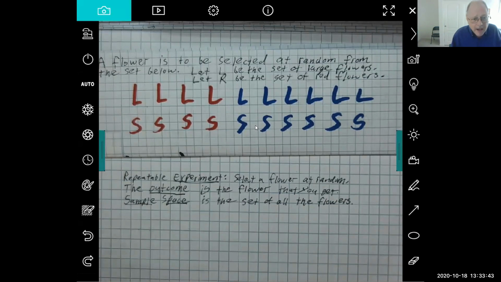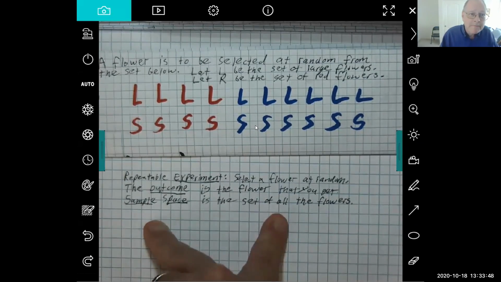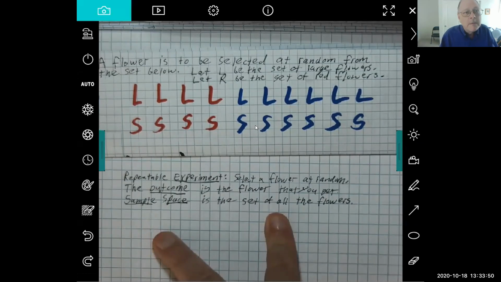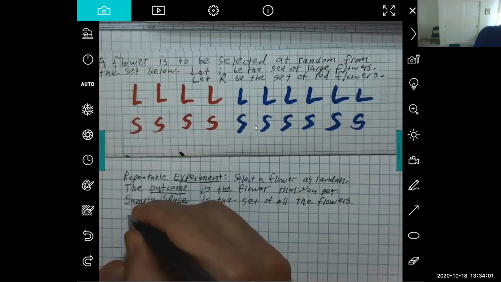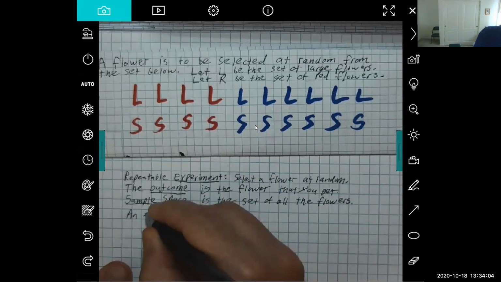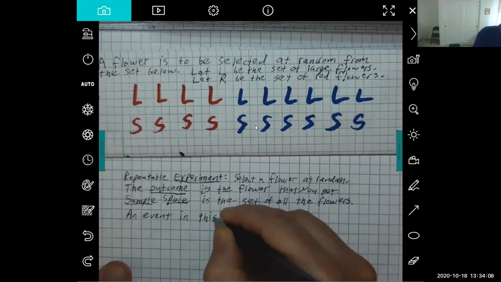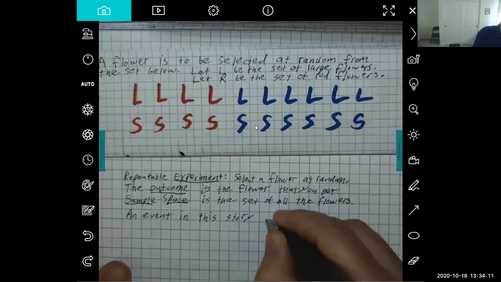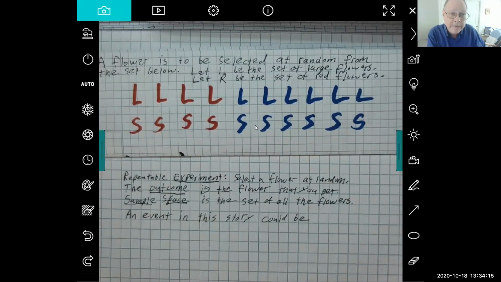Now, I'm going to make a probability model that would tell us the likelihood of any particular event. So an event in this story could be any set of these flowers.